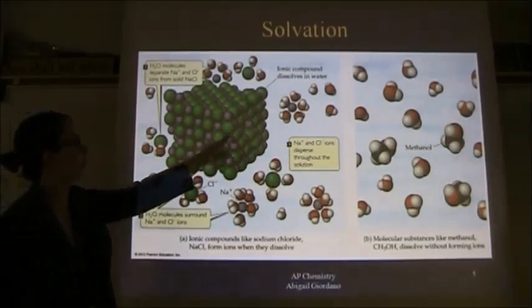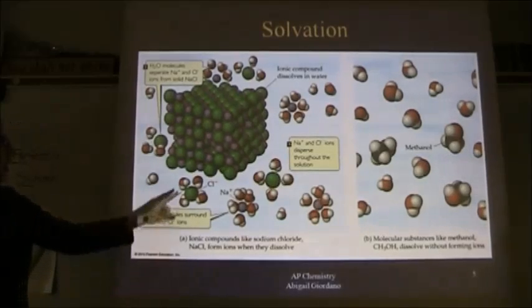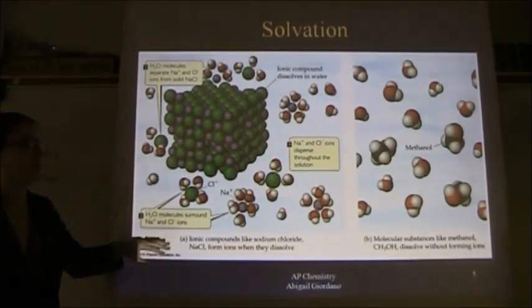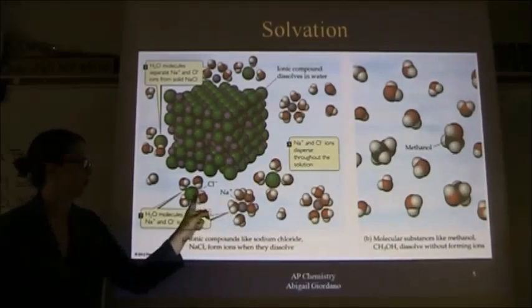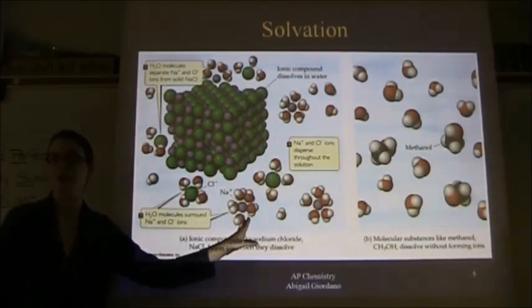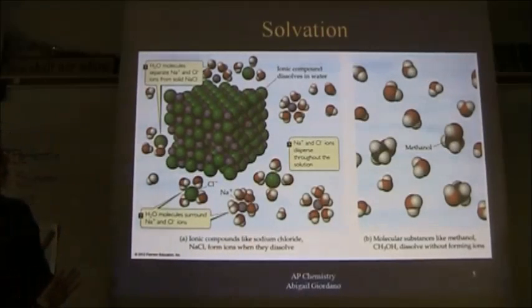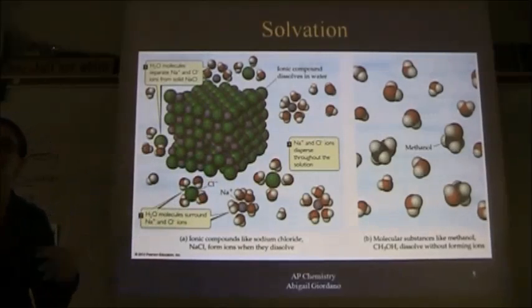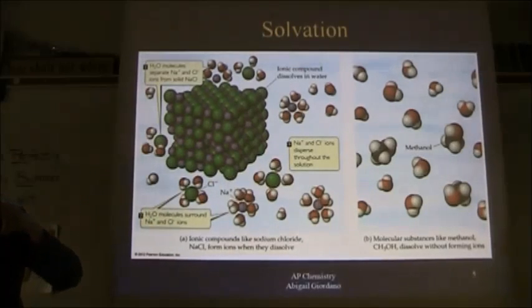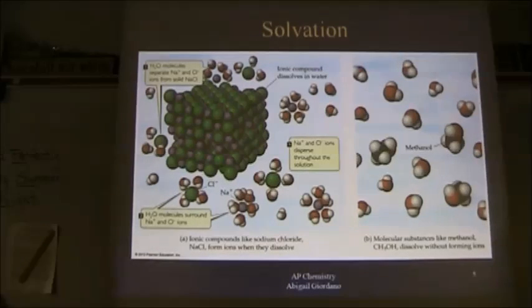So the little purple pieces are representing sodium ions, and the little green pieces are representing chloride ions. And I want you to focus on these two pieces of the picture right here. Well, first of all, let me just say what this picture is illustrating is the process of something dissolving. And that's what that word solvation means. It just means the process of dissolving.